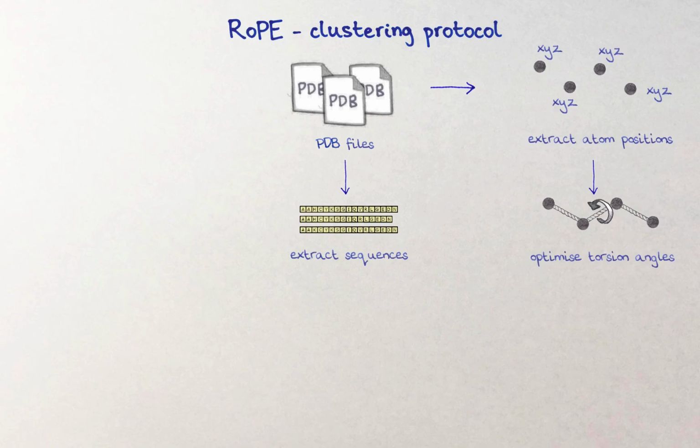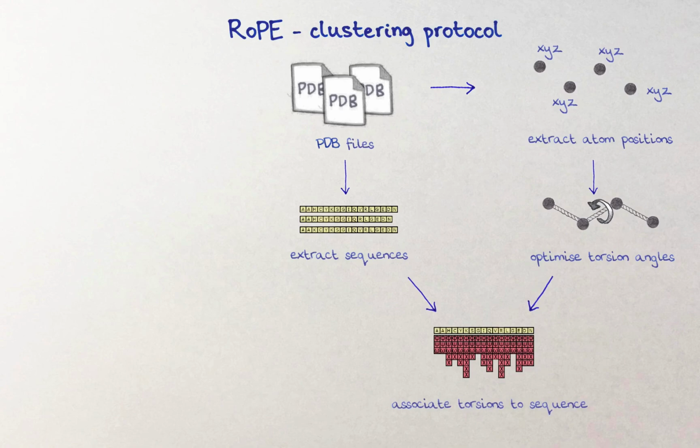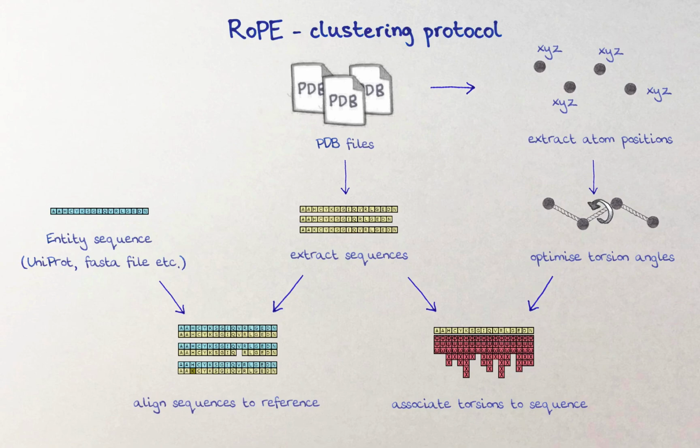Now we can combine the two, so we can collate all of the torsion angles associated with the sequence. And because earlier we introduced the reference sequence, we can also align each of those sequences to the reference, and that allows us to account for gaps or insertions or mutations.